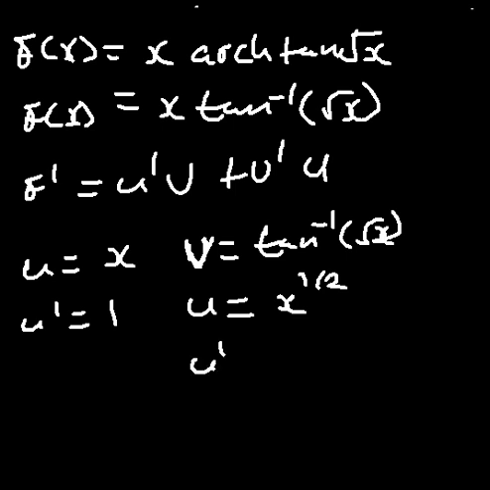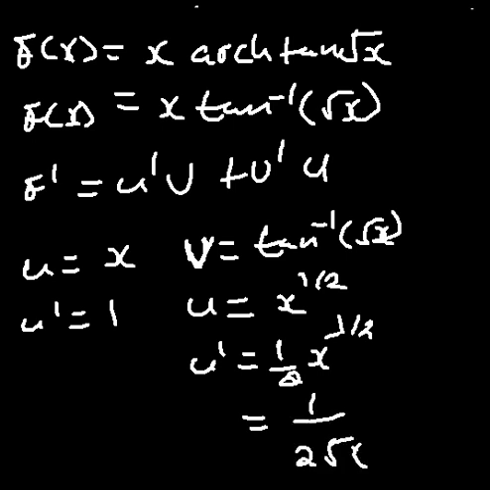Now what is the u prime? We'll have it as half x to the power negative half. Of course, this is the same as 1 over 2 square root of x. That is the u prime. Then what is the v prime, as per what we are looking for?